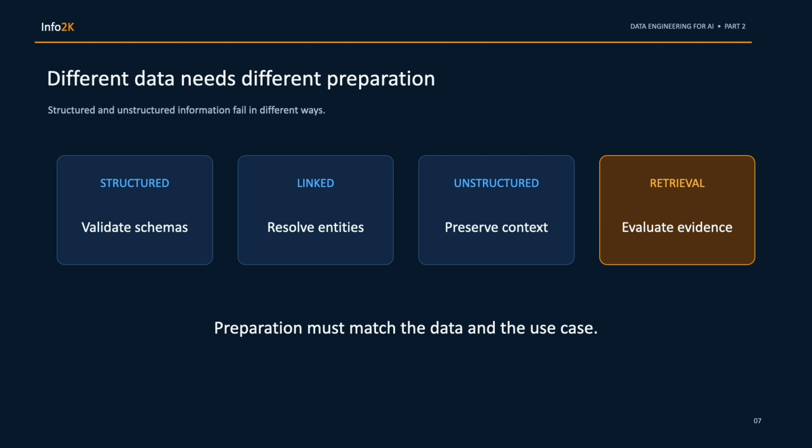We need to know whether it returns the correct, current, authorized evidence for realistic questions. The preparation method must therefore match both the data types and the intended AI use.